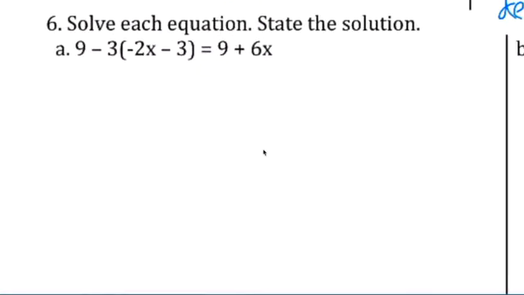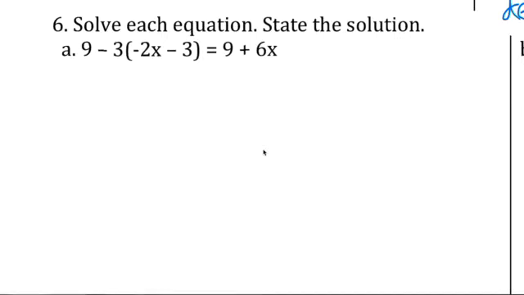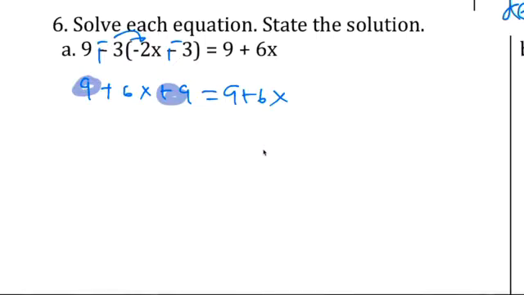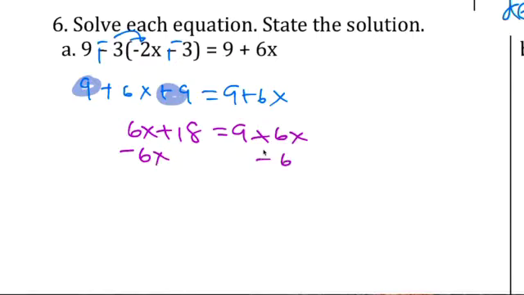And then these you solve. Additive inverse first. So 9 minus 9, plus 6x plus 9. Combine these that are alike. You get 18 equals 9, no solution.